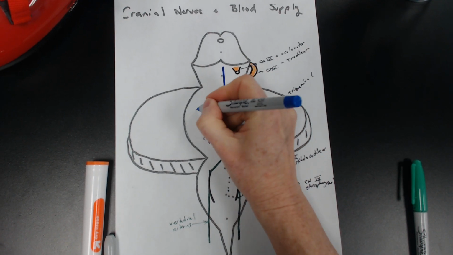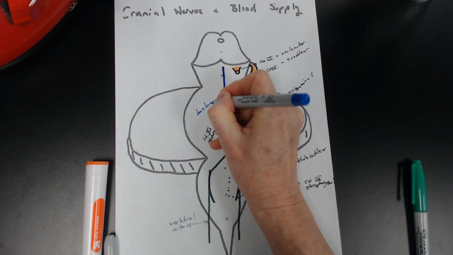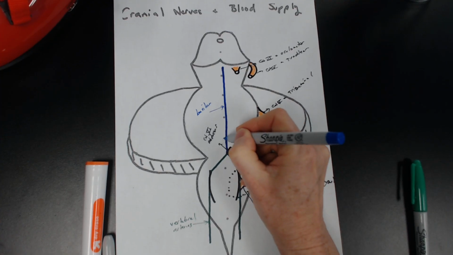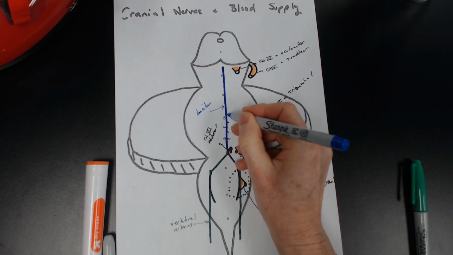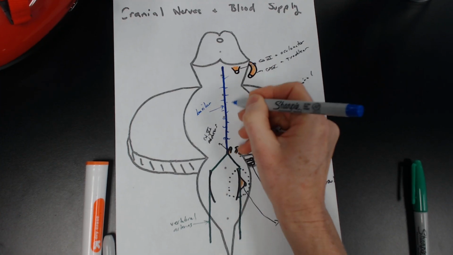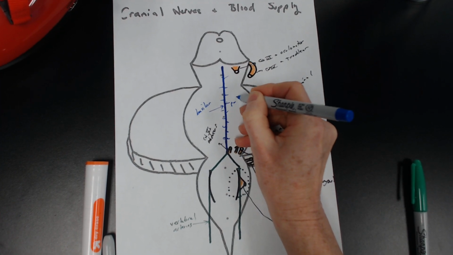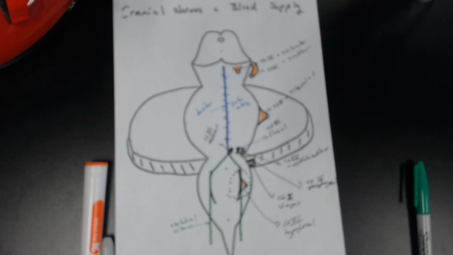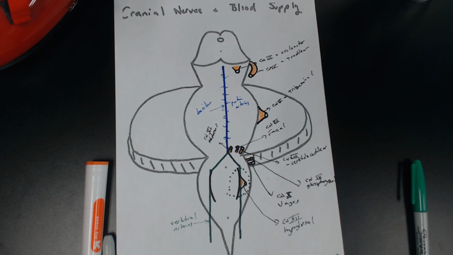Okay, so there's the basilar artery, and there's also these little branches coming off that are your pontine arteries, right? So they just supply the pons in the middle. So you can say basilar or pontine. So pontine arteries are just little branches coming off the basilar that help supply the medial pons with blood.